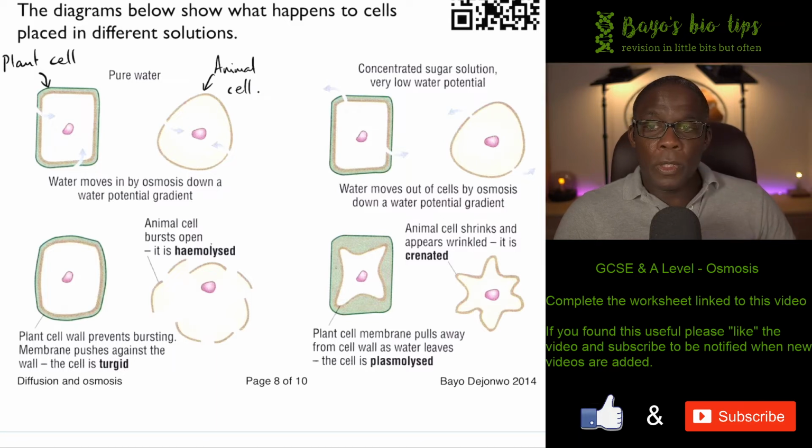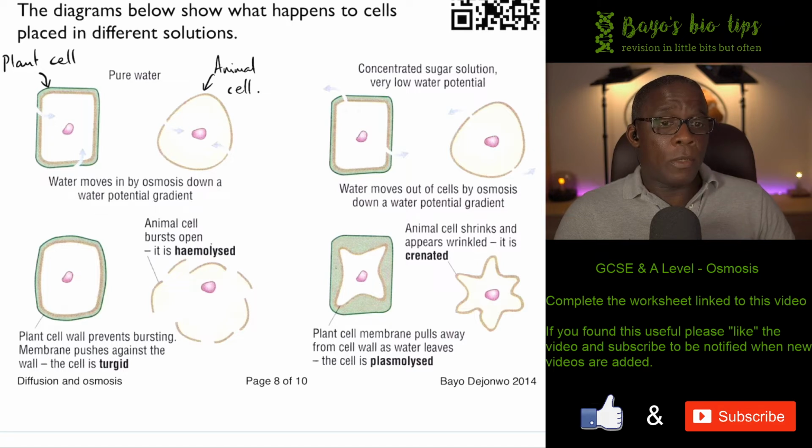Okay, so when you put those cells in pure water, the cytoplasm within them will have a lower water potential than the surrounding pure water, and as such, water will tend to move into the cells.